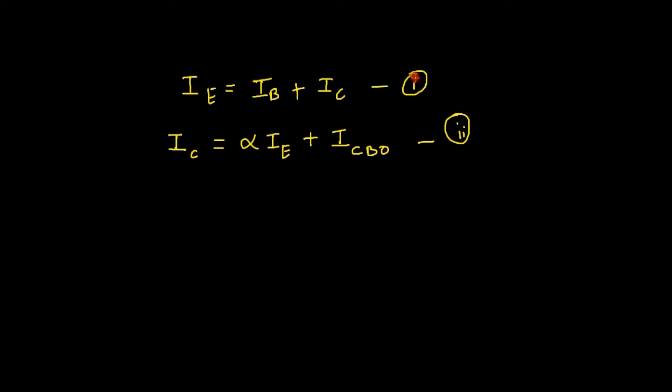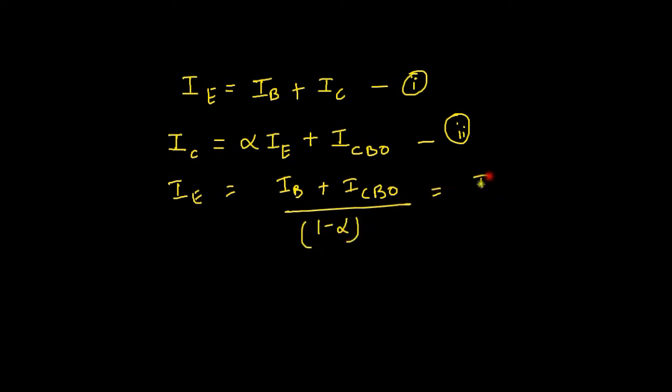Using these two equations, we substitute in equation 1, replacing IC with alpha IE plus ICBO. So we can write IE as (IB plus ICBO) upon (1 minus alpha). We can split this into IB upon (1 minus alpha) plus ICBO upon (1 minus alpha).